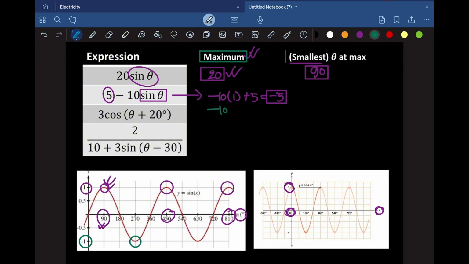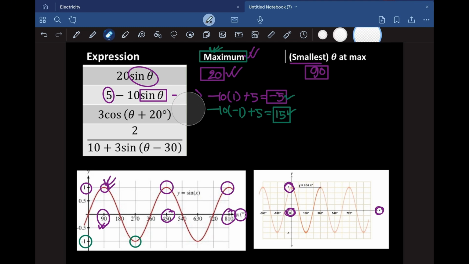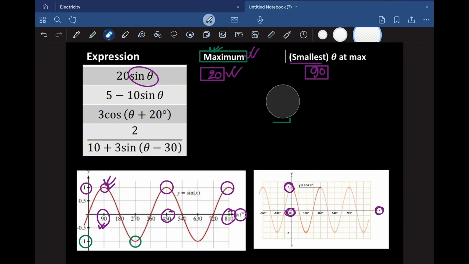Minus 10 into minus 1 plus 5 is equal to 15. Out of these two, we take the maximum one because they have asked for the maximum value, so we take this one as our correct answer. There are some exceptions while taking the answer; this is how you should omit one and take the other. So the answer will be 15.